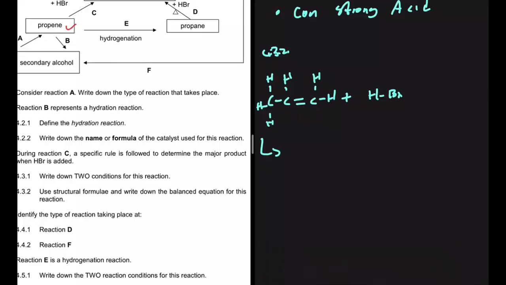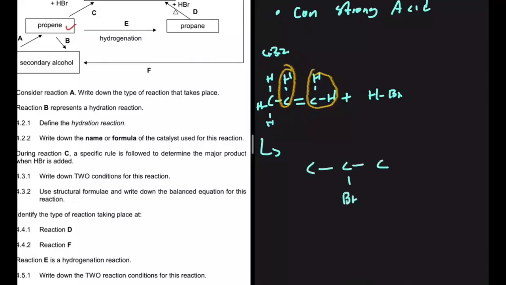So if you look at this carbon here, it has 2 hydrogens, and then the carbon in the middle has 1 hydrogen. So the hydrogen will tend to go to the carbon with a lot of hydrogens already. So that Br will usually go to the middle, because that's where we have the least number of hydrogens. So our product is going to look like this.